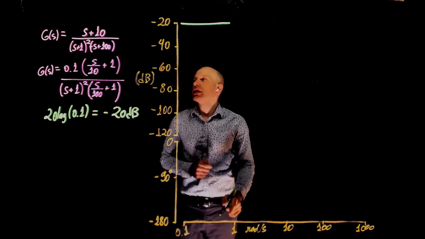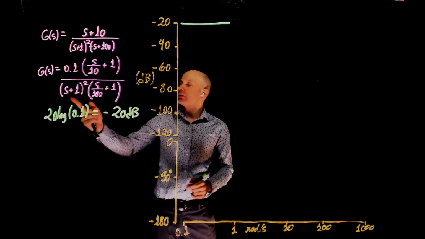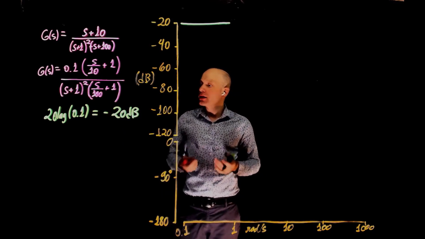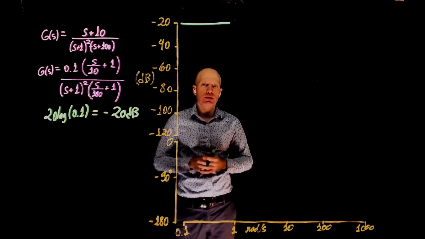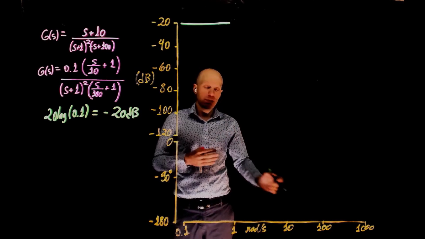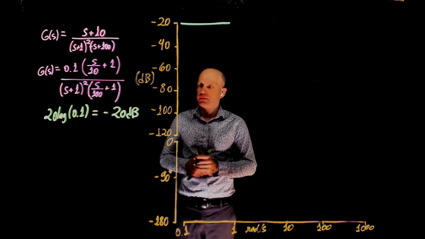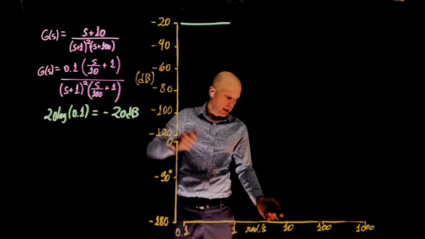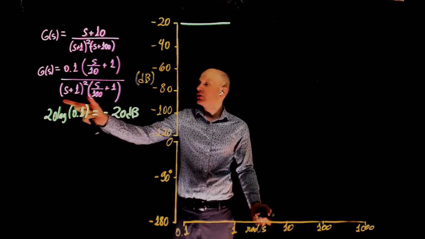At 1 radians per second, we encounter the first cutoff frequency, which is due to these 2 poles at negative 1. Each pole adds a slope of negative 20 decibels per decade. So the total slope now is negative 40 decibels per decade. And this will go on up to the next cutoff frequency, which will be 10. Now from 1 to 10, we have these 2 poles.